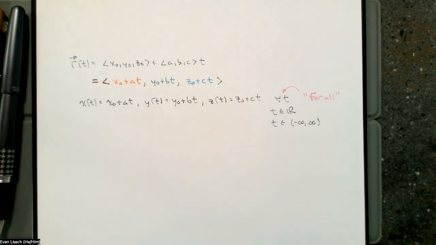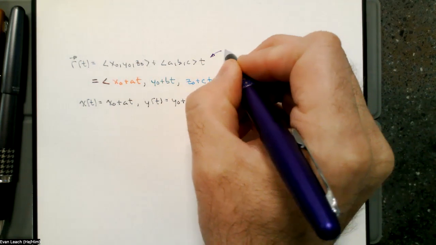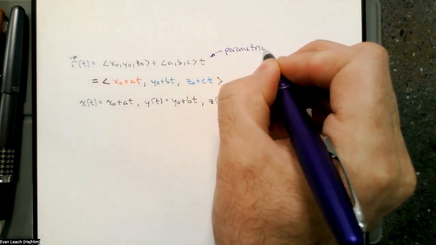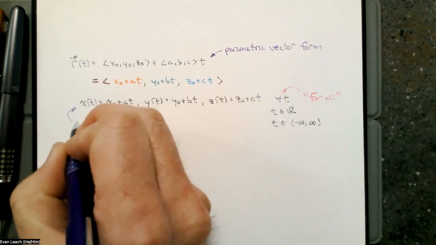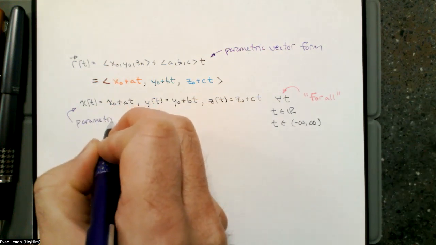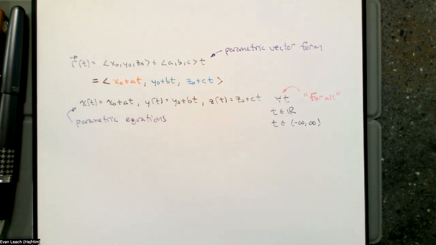Or we could restrict our values of t. So we've got a parametric vector form, and we've got our parametric equations. Questions?